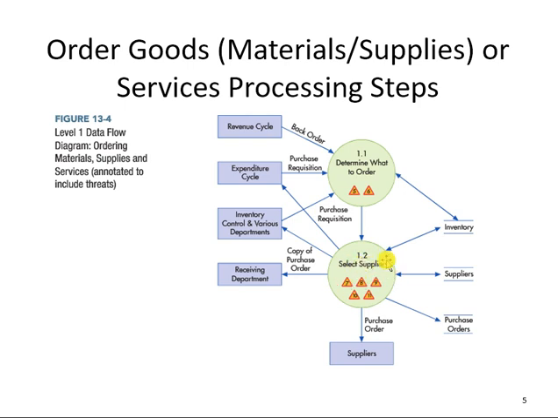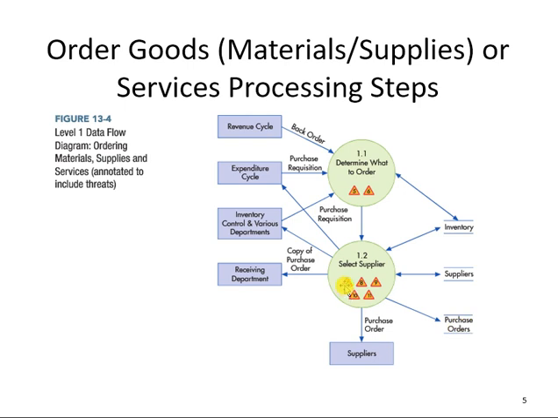In this process, we get information from the inventory database and also the supplier database, which is the most important one for this step. So once it's determined, we're going to generate the purchase order, send it to the supplier, and update the purchase order database.